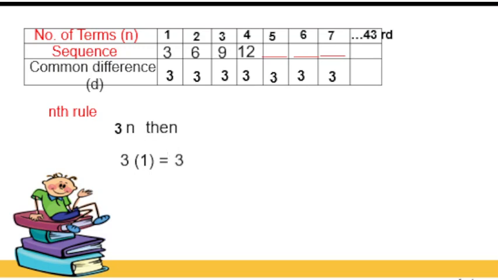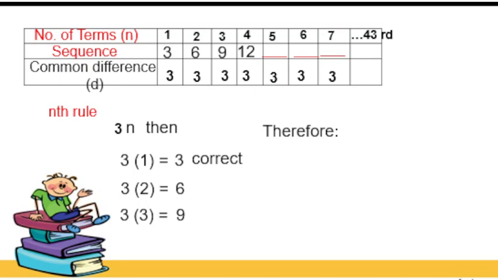Is the nth rule 3n correct? Yes, that is correct. Because if we substitute the position of the second term, that is 2, 3 times 2 is 6. And for the third term, 3 times 3 is 9.